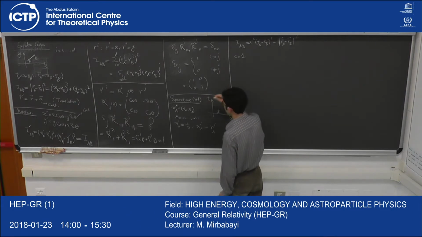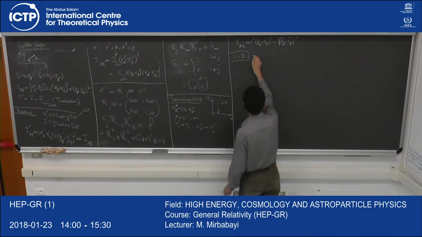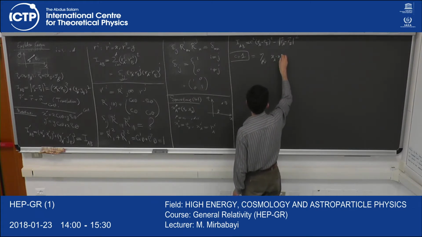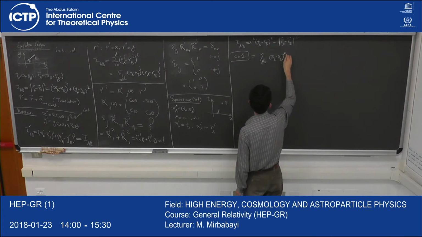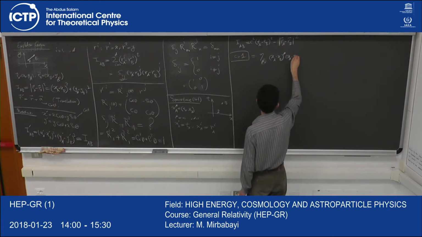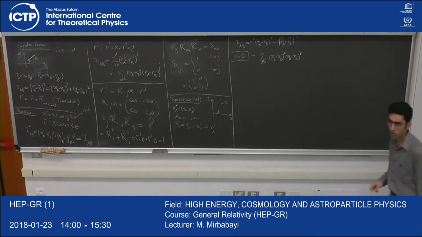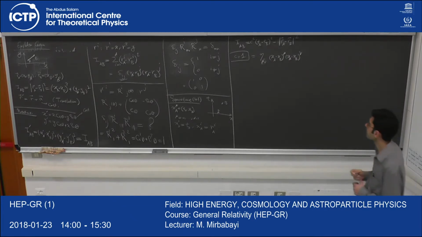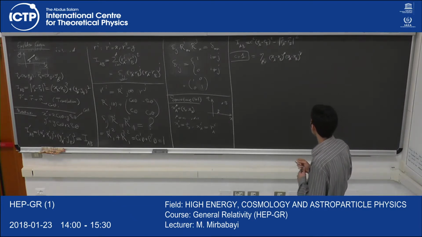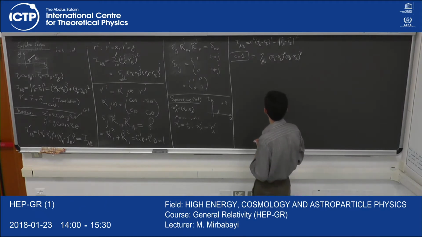And we can use our matrix notation and write this as eta_mu nu times (x_A minus x_B) to the mu times (x_A minus x_B) to the nu.